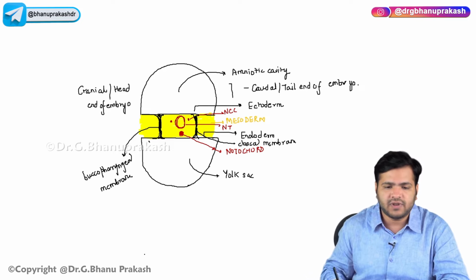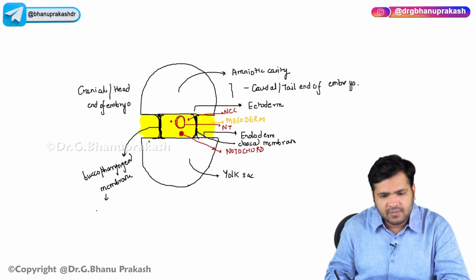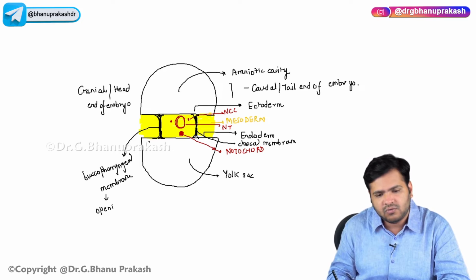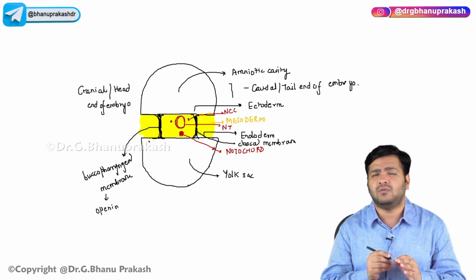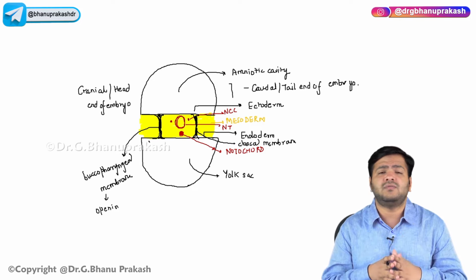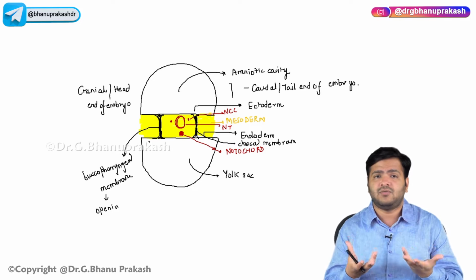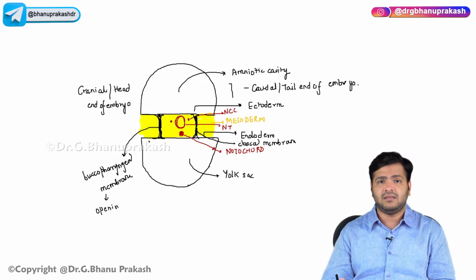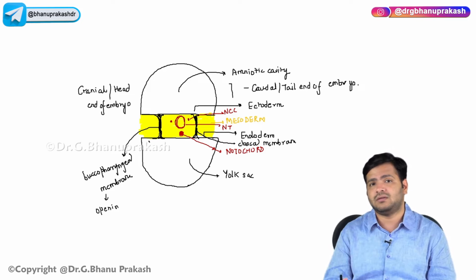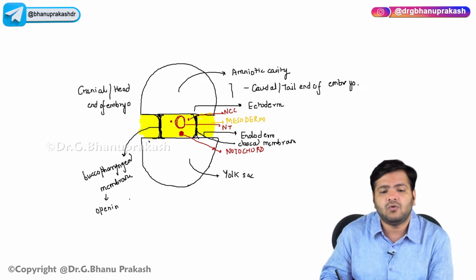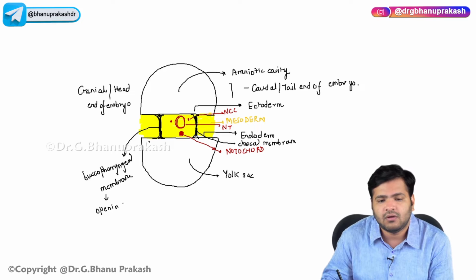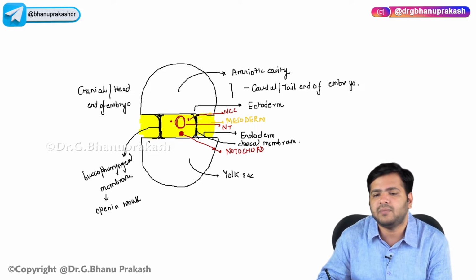The mesoderm is absent because if the mesoderm is present, then the rupture would not be that easy; it would make the membrane thicker.